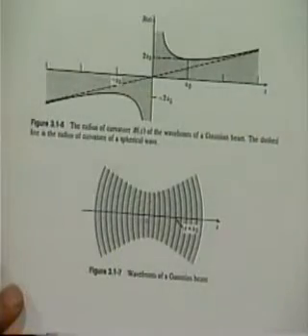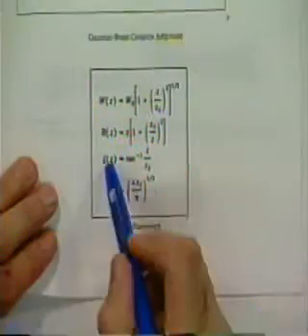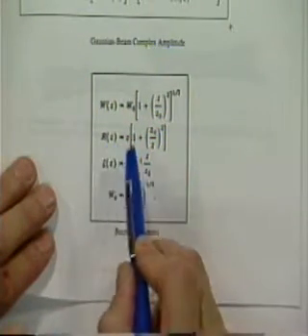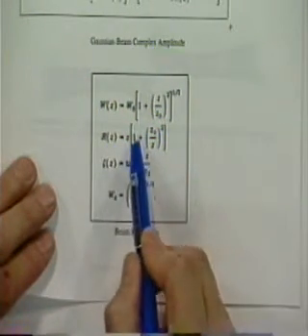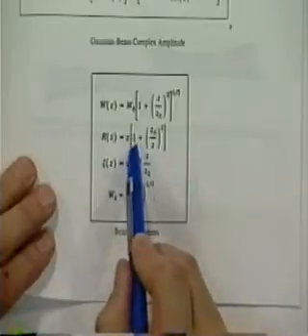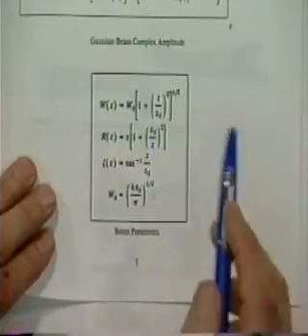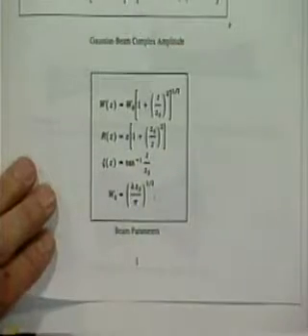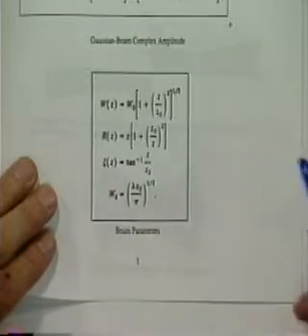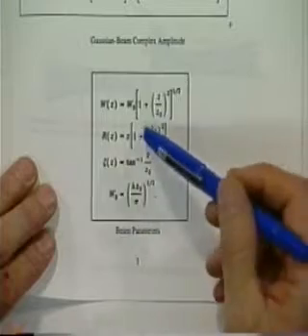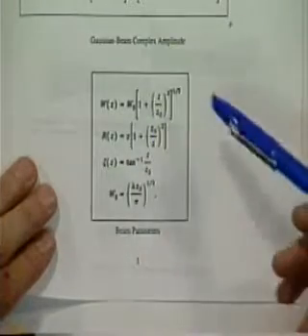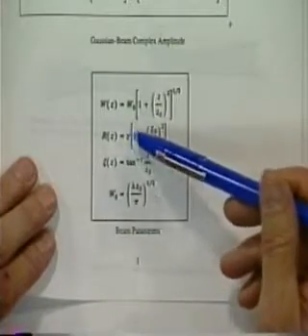So the radius of curvature came back from this expression, R of z. It goes as z times 1 plus z0 squared over z squared. Now again, if we had a normal uniform beam expanding, the radius of curvature would just go as z.